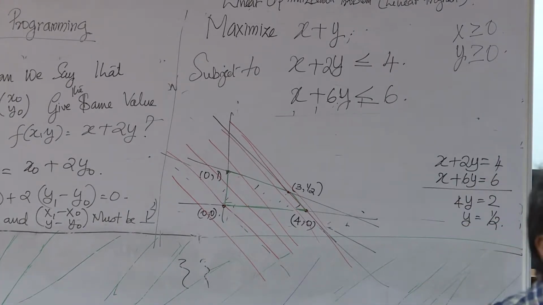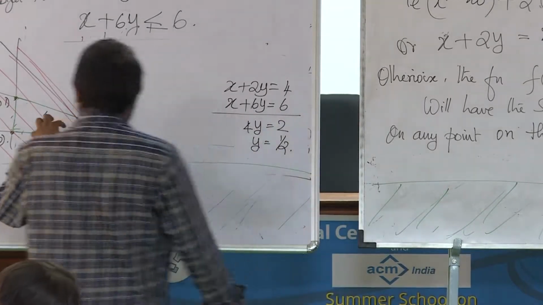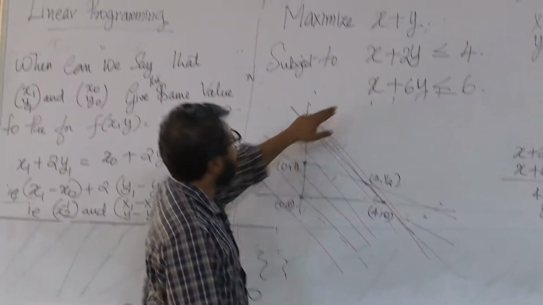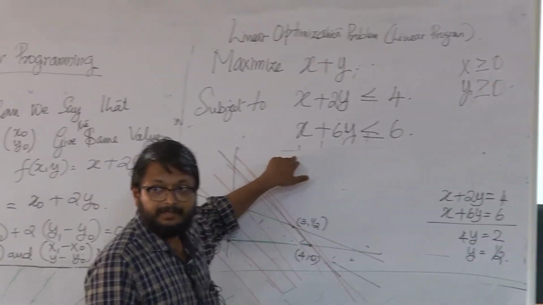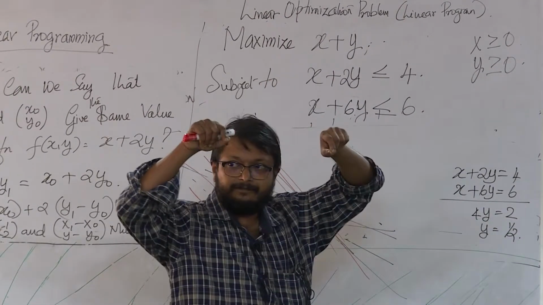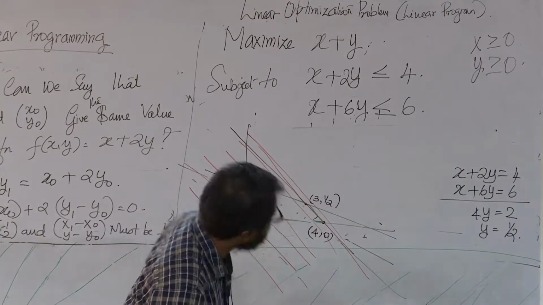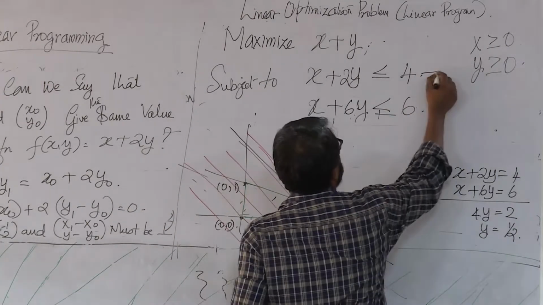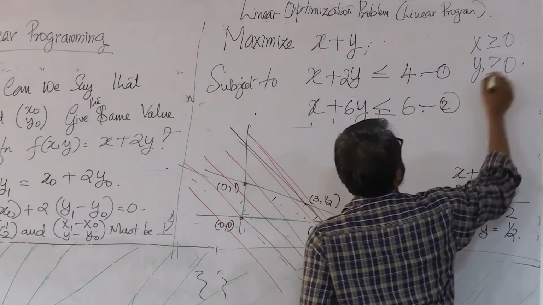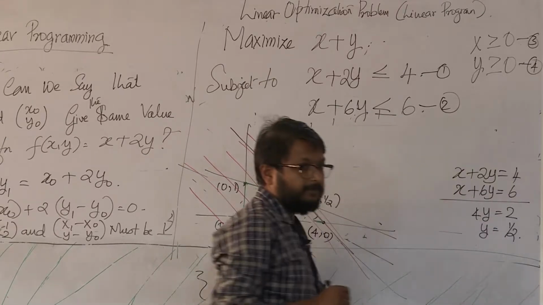And how do you find out the corner points? See, this is a system of equations in two variables, right? So two equations will define a point. Okay, how many equations do you have? Actually not two, you have 4 equations, right? You have 4 equations. Okay.